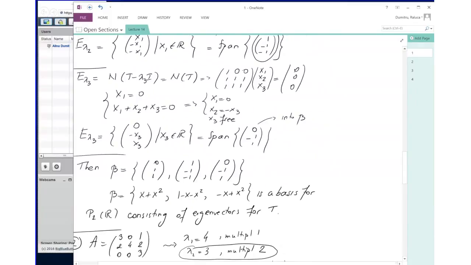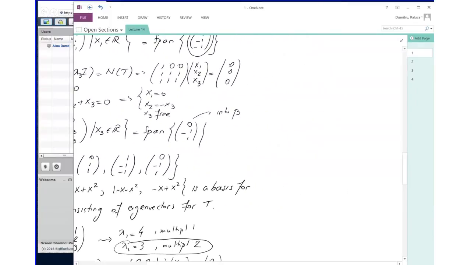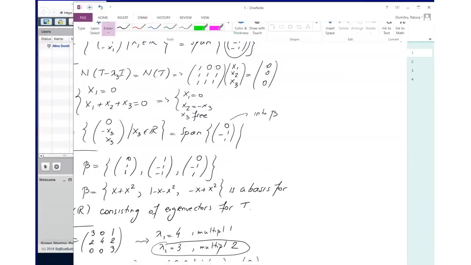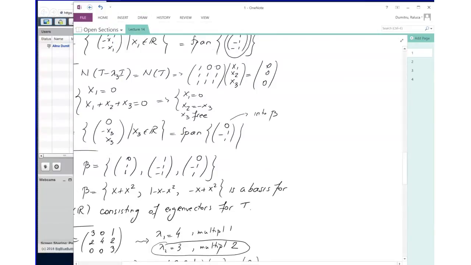So for this one, the matrix Q is what? Use a different color maybe. What's the matrix Q? The first vector is the first column, then the second vector and the third vector. You just place them next to each other.